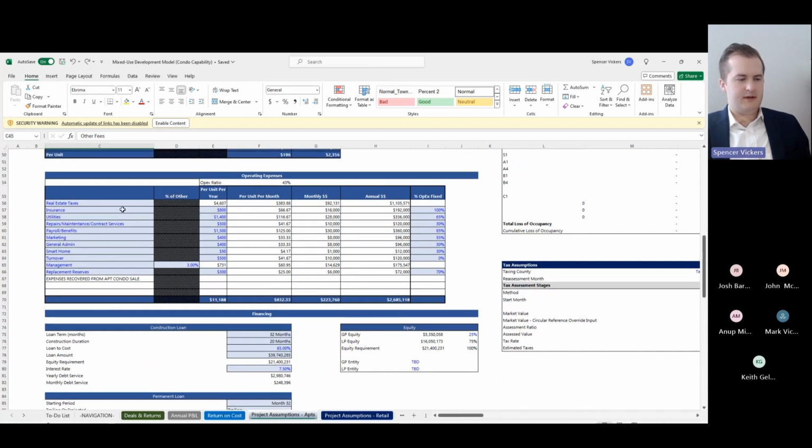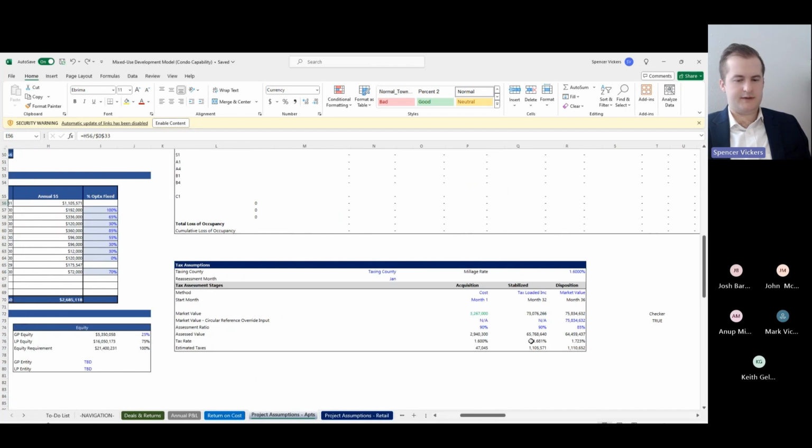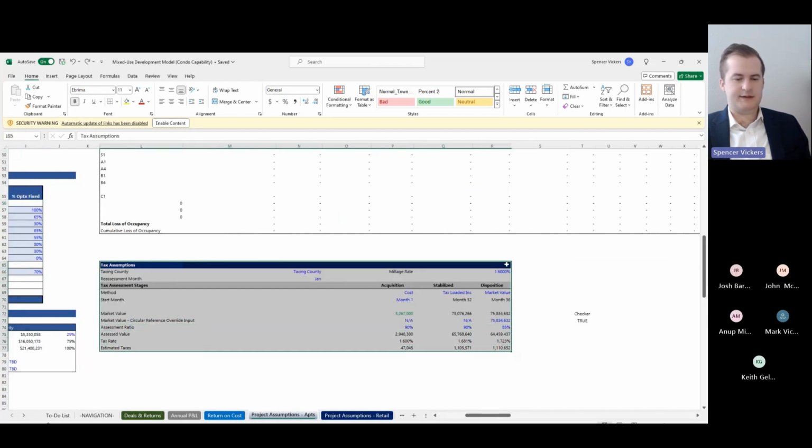Operating expenses, these are on a per unit per year basis. The only ones that are not are real estate taxes and management fee. The real estate taxes are controlled by tax assumptions over here to the right. And all this really does is you input the millage rate for the area, and it assumes 3 reassessments, one at acquisition, one at stabilization, and one at disposition.